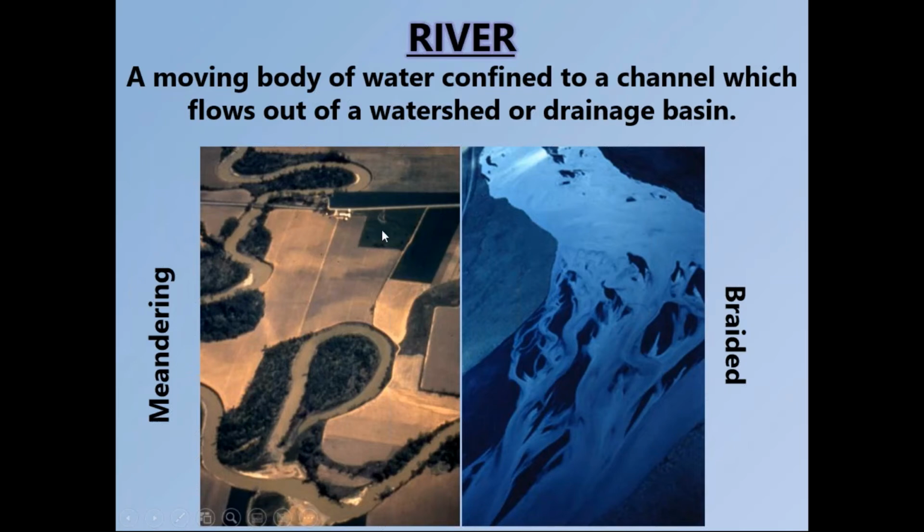In addition to being classified as either gaining or losing, rivers can also be classified as either meandering or braided. So a meandering river or stream, as the name implies, just kind of meanders its way across the Earth's surface.